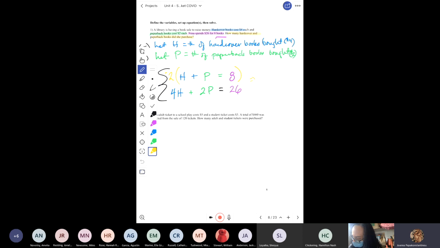Okay, so my new first equation is what? -2h minus 2p equals -16. My second equation I didn't touch. Then I added them together. And what do I get? Okay, and then I solve for h, and h is 5. And then what did you do with that?